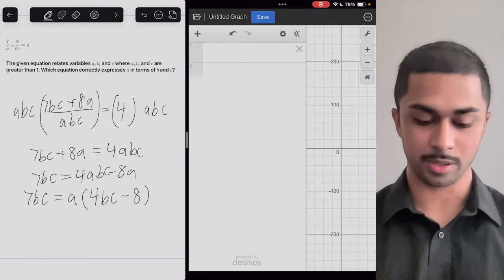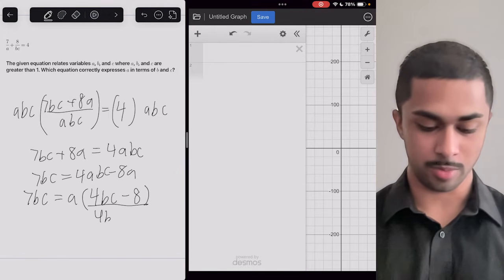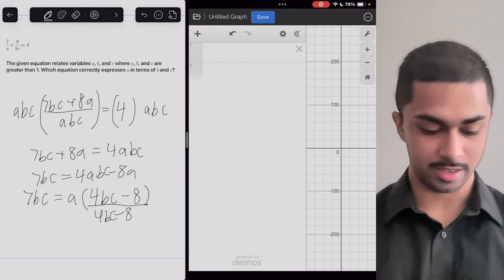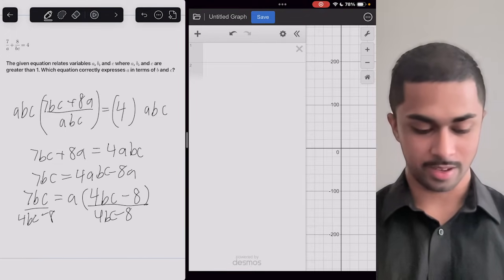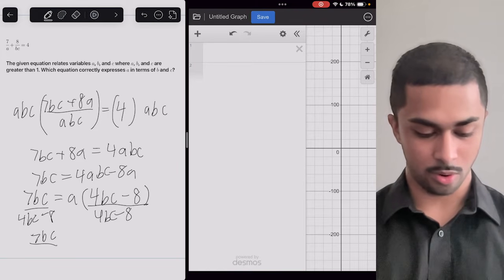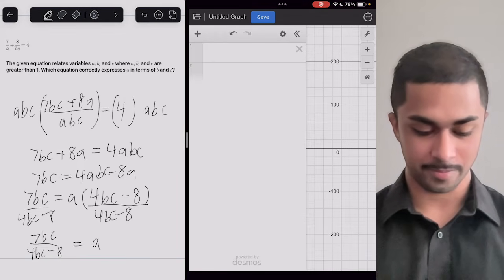The reason why is because we can divide by 4BC minus 8 to the other side. And what we end up with is 7BC over 4BC minus 8 equals A.